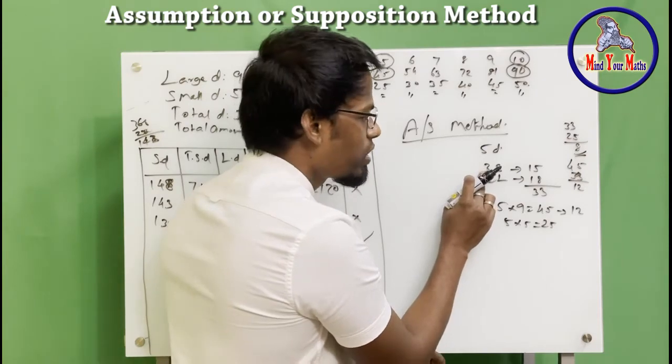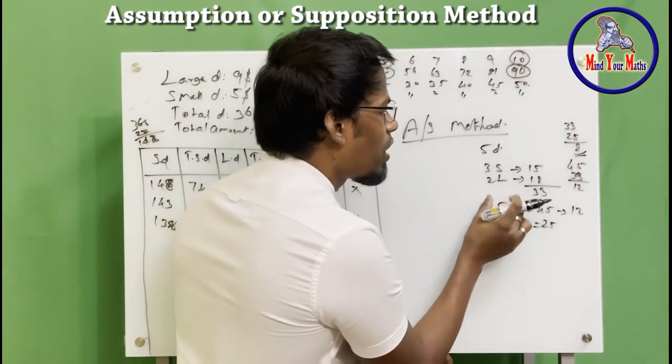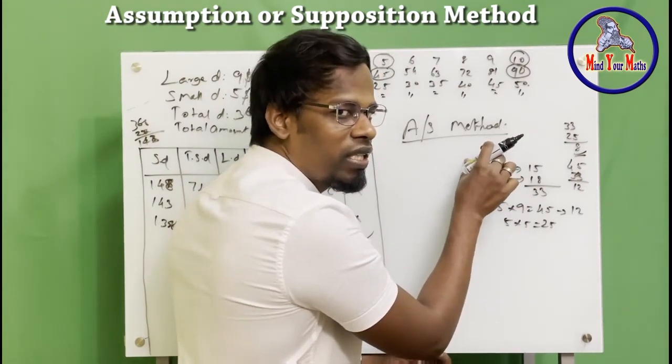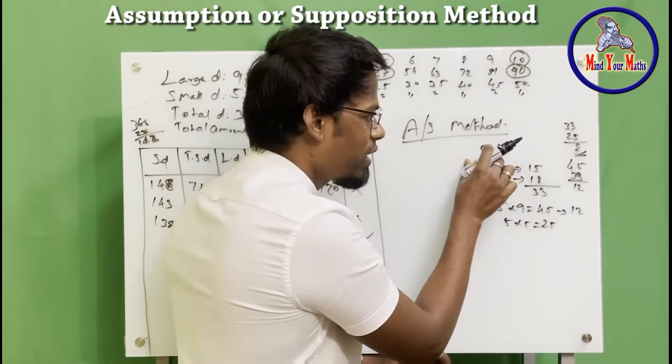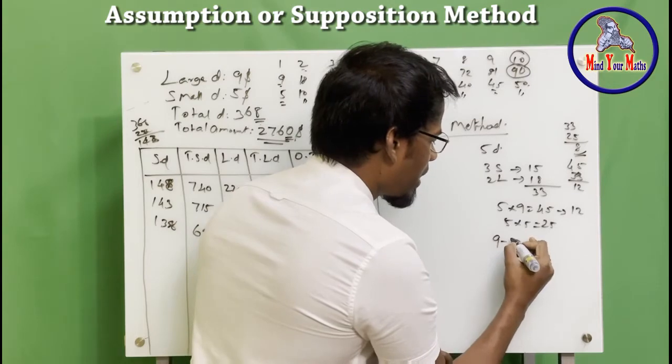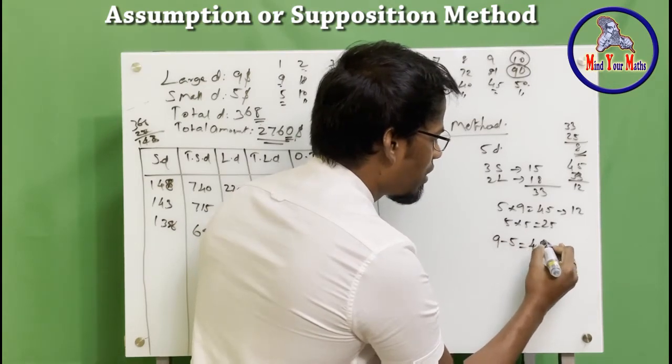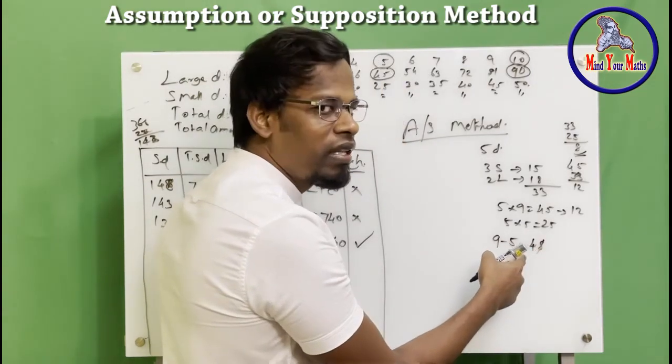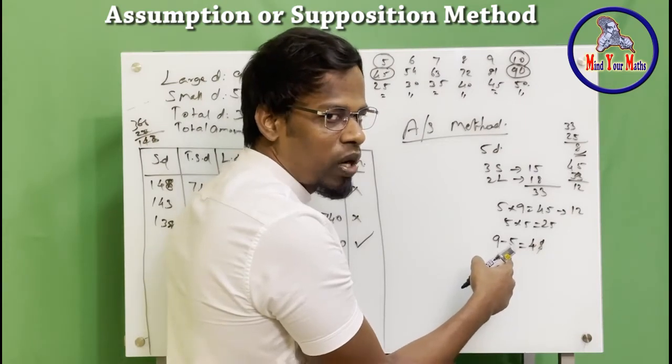This $12 came extra because these 3 small durians were sold at the extra price, the $4 extra. 9 minus 5, the $4, is the difference between the large durian and the small durian.